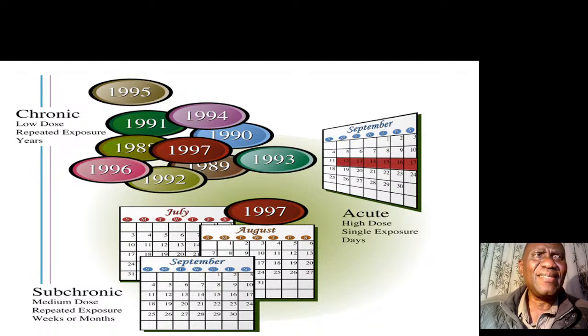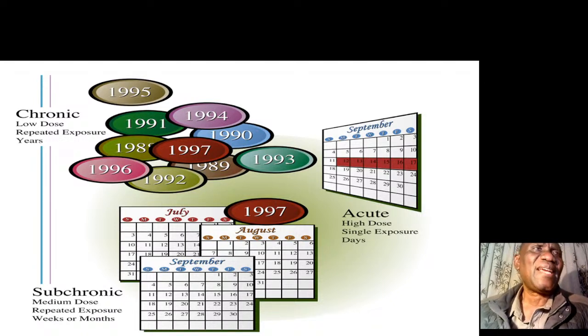Subchronic is a medium dose, but it is repeated over a number of weeks or months. But acute toxicity is high dose. A single exposure can produce serious consequences within a short time.